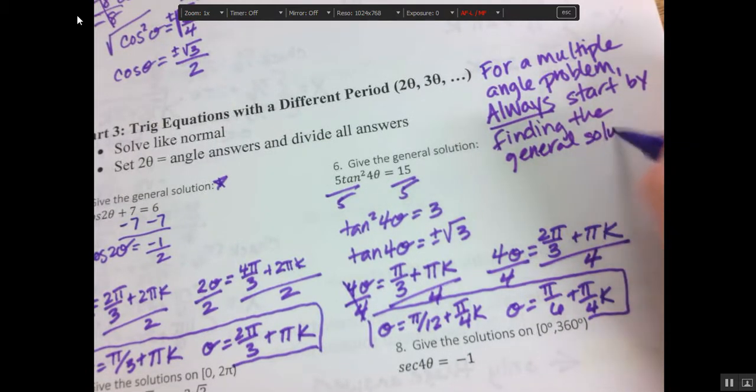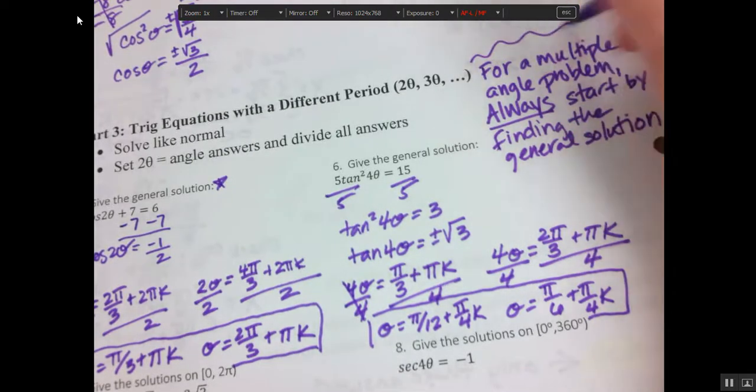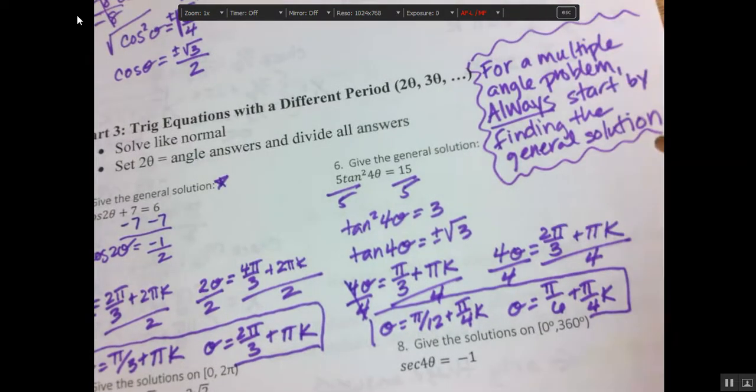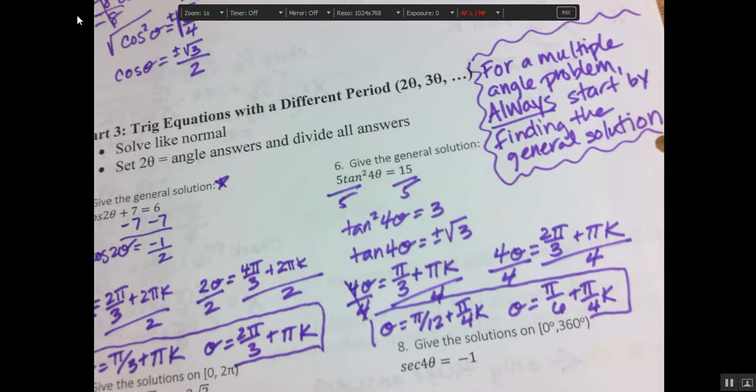The general solution will help you find the specific solutions, because there are a lot more specific solutions for these problems. Okay, make sure to write that down, and then we're going to do problem 7.